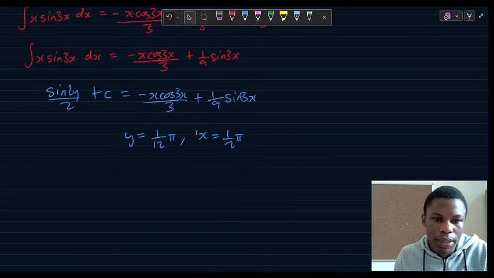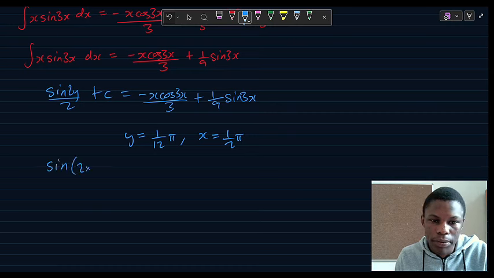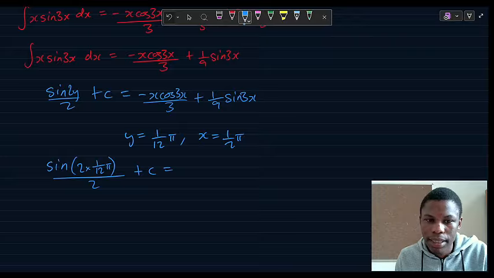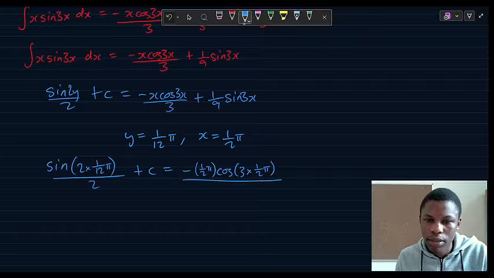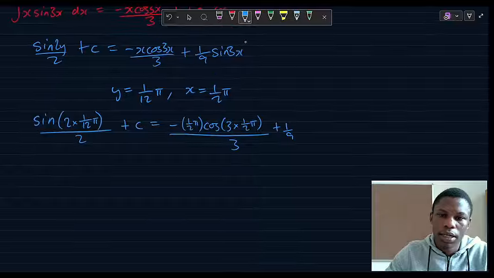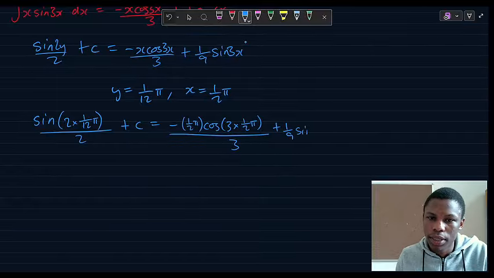So this becomes sine of 2 times y, which is a 12th pi, over 2 plus C is equal to negative x, which is a half pi, cosine of 3 times a half pi, and this is all over 3 plus 1 over 9 sine of 3 times a half pi.